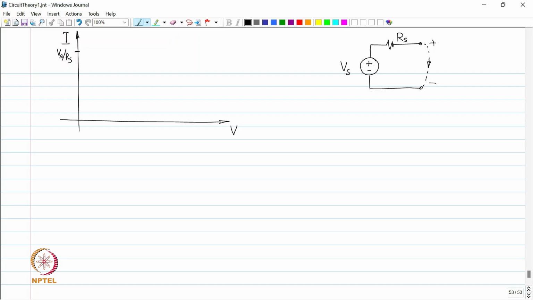If the current is 0, the voltage is Vs. In between, what is going to happen? It is linear, I and V, it is a linear function.